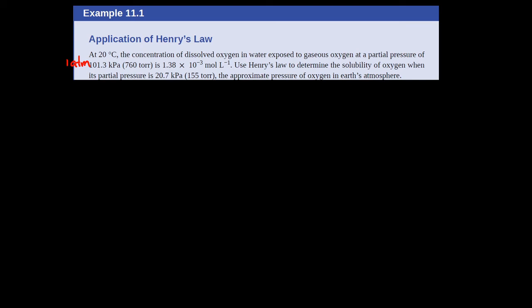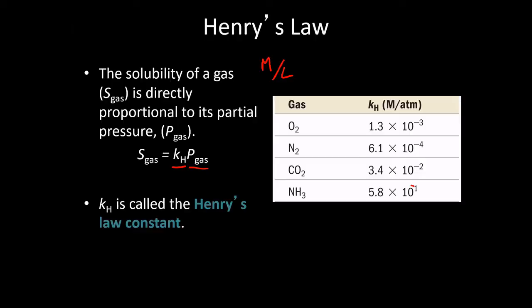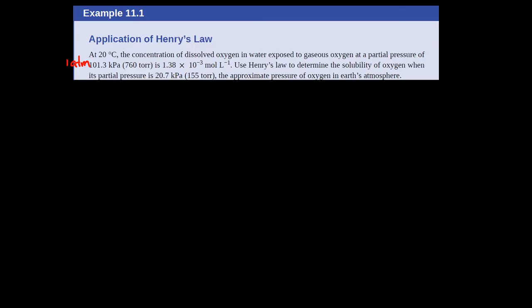So this question is actually assuming that we don't have access to the constants. So we're going to go ahead and work this pretending like we don't have the constant.